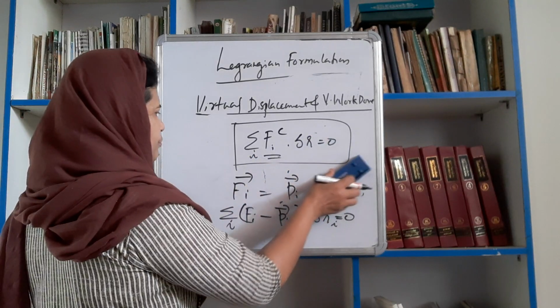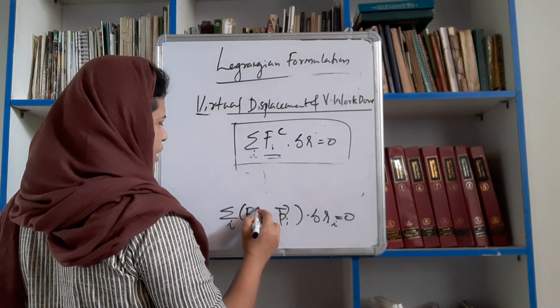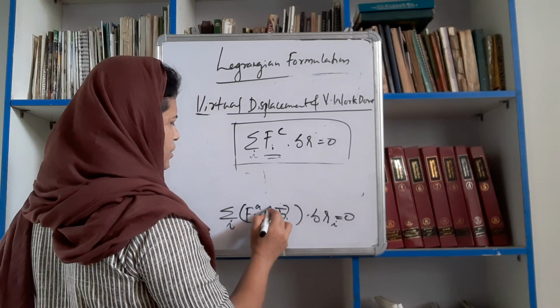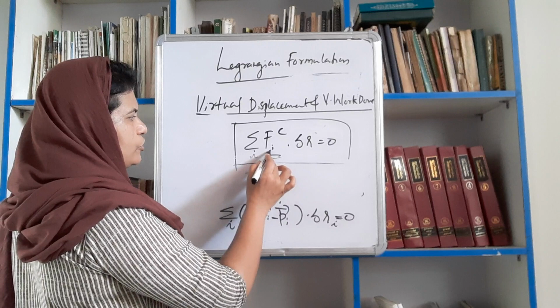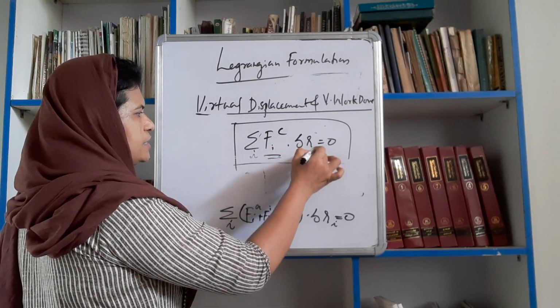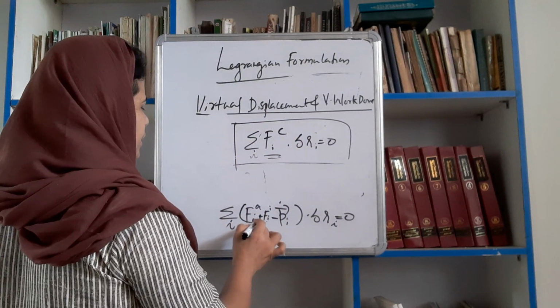And here Fi means, as we have discussed earlier, Fi applied plus Fi internal, minus Pi dot is equal to 0. Total Fi internal is equal to Fic plus Fi dissipated. The work done due to dissipated force is reduced to 0. The work done due to forces of constraints also becomes 0 when we consider the virtual displacement. Here we have said that Fic dot delta Ri is equal to 0. Therefore here we have to consider only Fia.